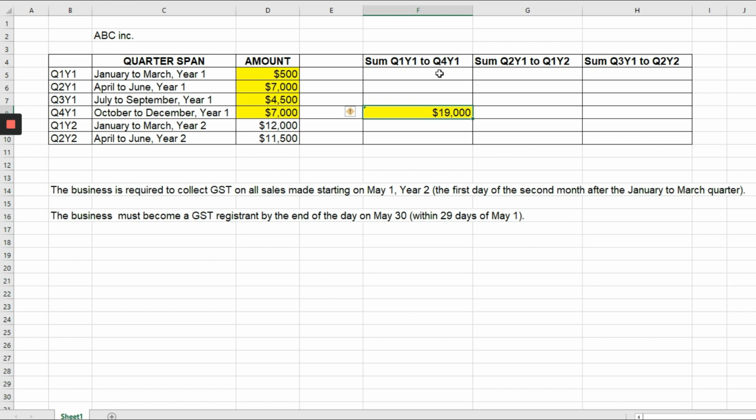So that means they're still considered or deemed to be a small supplier. So let's look at the next threshold, which is Q2 year one to basically Q1 year two. So this section right here.